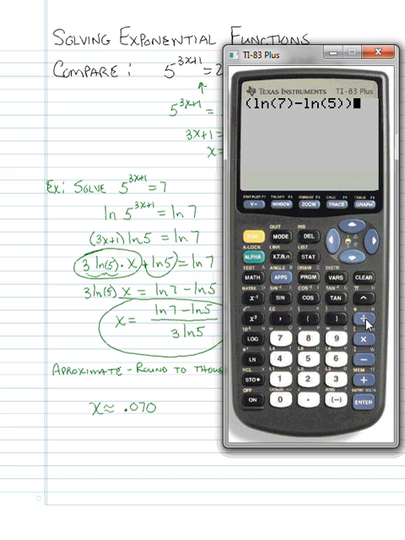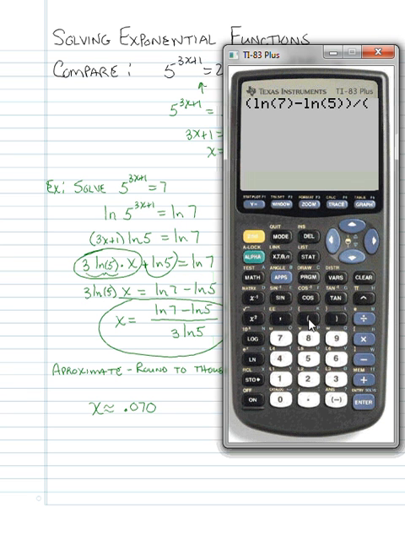And then we divide. Now we're dividing by 3 times natural log of 5. And if we just type in 3 times natural log of 5, it's going to think we're dividing by 3, and then that result is multiplied by the natural log of 5. Anytime we're doing a division and the denominator, what we're dividing by, has operations in it, then it's critical on our calculator to put the denominator, even though it's multiplication, also in parentheses.